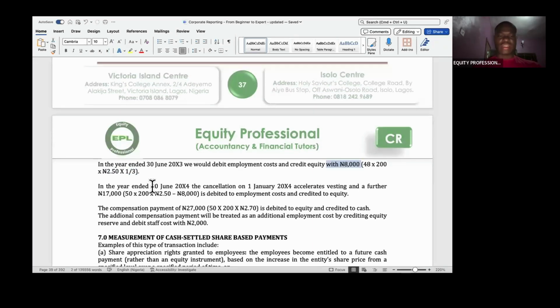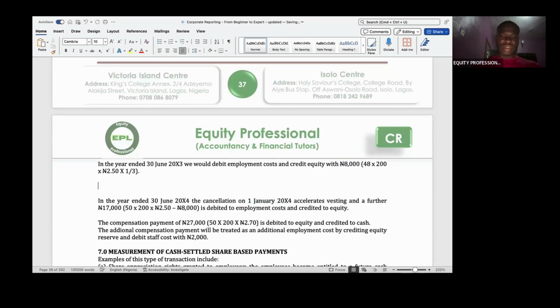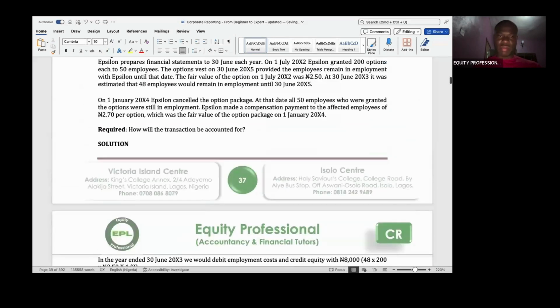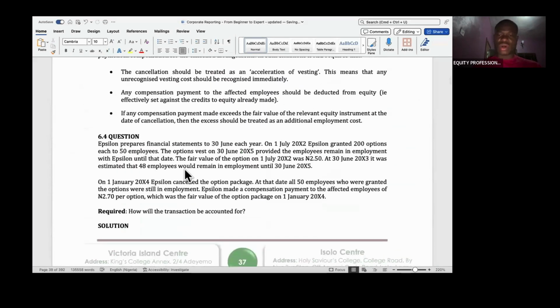But as at the end of year two, before then, there was a cancellation in January 2004. As soon as we cancel, it's going to accelerate vesting. So in that January 2004, we will ask how many employees were available? They told us that all 50 employees were still in employment on the day they canceled.